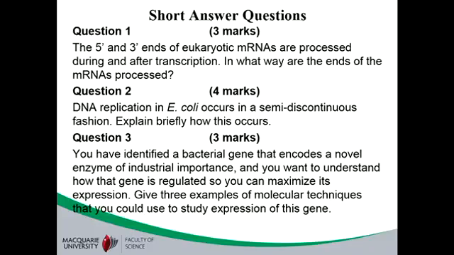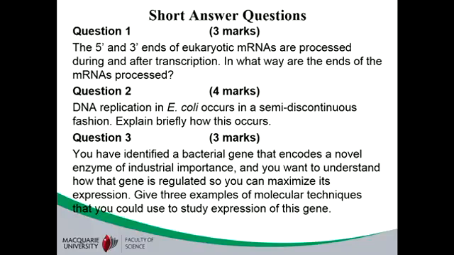In this case, this is a somewhat simple one, which is just asking for techniques. Often I'll ask for actual scenarios, I think more recently I've started asking for actual scenarios of how would you do this, how would you clone something, how would you make a restriction map. In this case, it's just asking what techniques could be used to study messenger RNA.